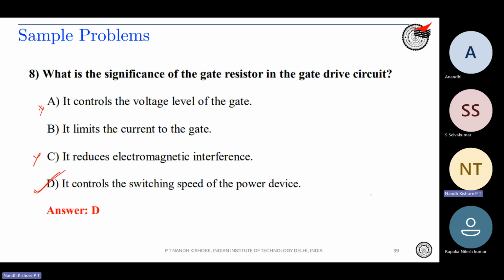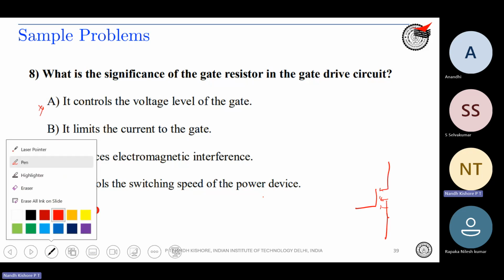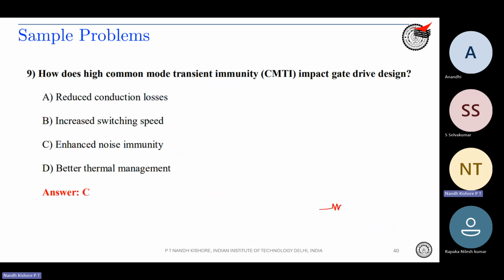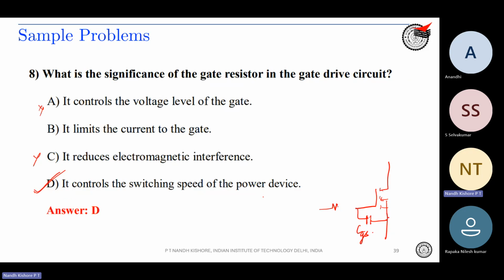Right? Because we just saw that the device is basically having capacitances, right? It has CGS over here. Now what you are having is the gate resistor, correct? And you are driving it, something like this, correct?